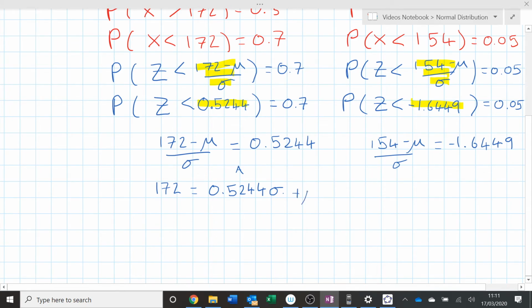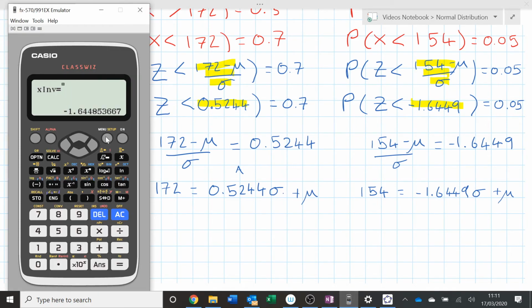And this side is 154 is equal to minus 1.6449 sigma, add mu. That is a simultaneous equation. It's a linear one. I can use the calculator to solve it for me to save time.